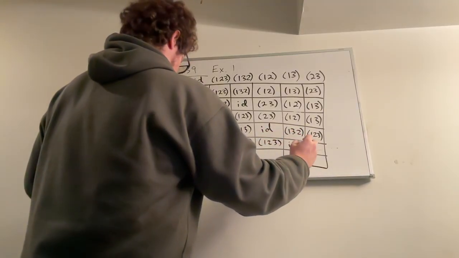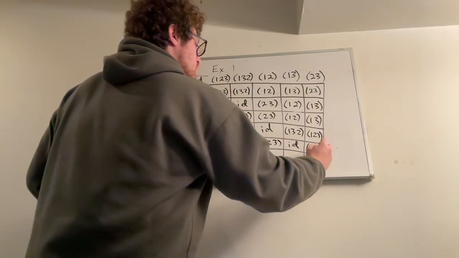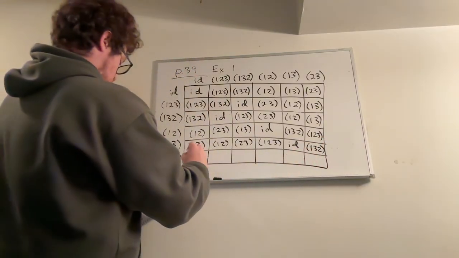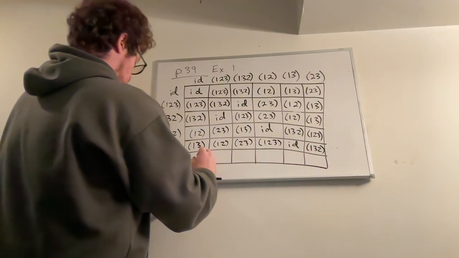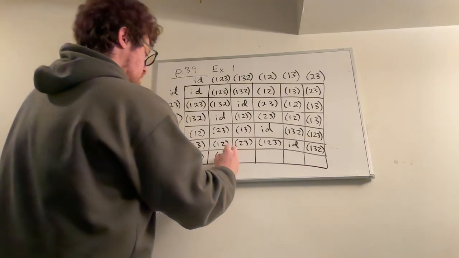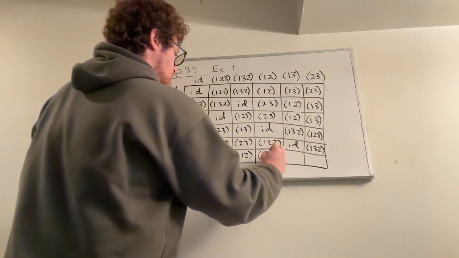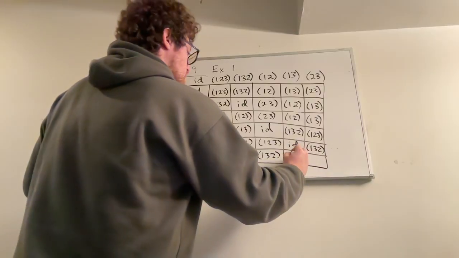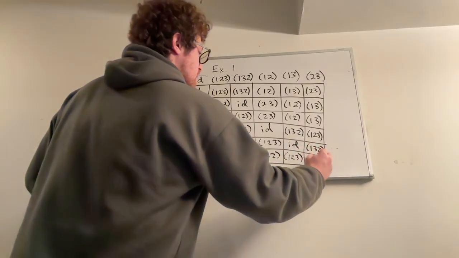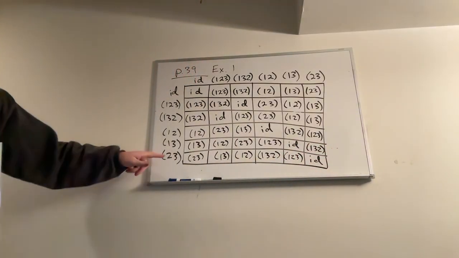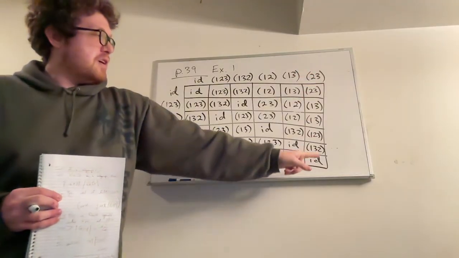Identity. 1, 3, 2. 2, 3. 1, 3. 1, 2. 1, 3, 2. 1, 2, 3. And finally, any transposition multiplied with itself is always the identity.